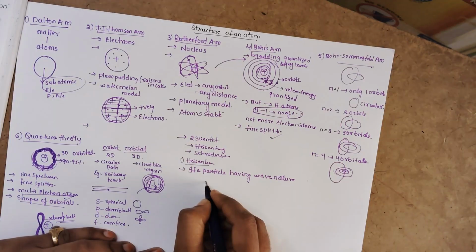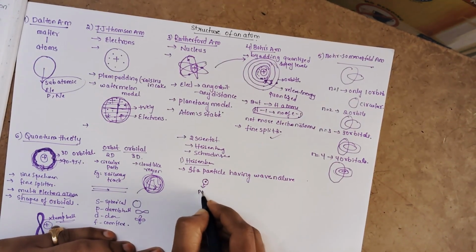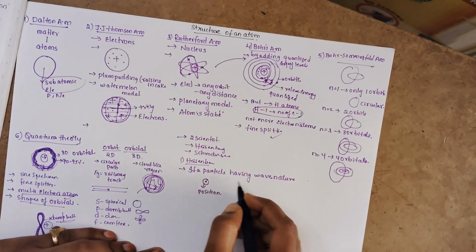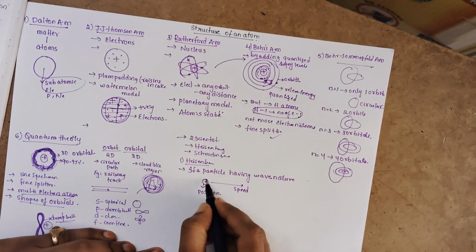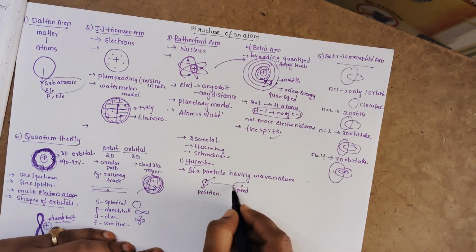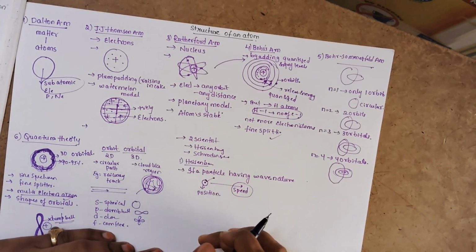Suppose the particle is present in this particular position and moving with a particular speed. If we calculate its exact position, we can't calculate how much speed it is moving with. So this is explained by Heisenberg.